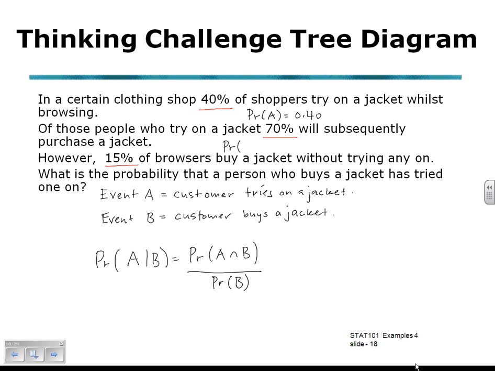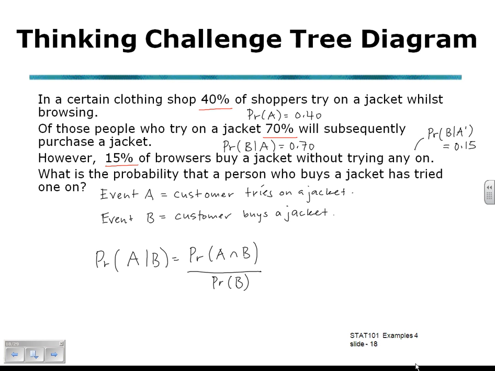So the probability of B given A is equal to 0.7. However, 15% will buy a jacket without trying any on. So the probability of B given A complement is 0.15.